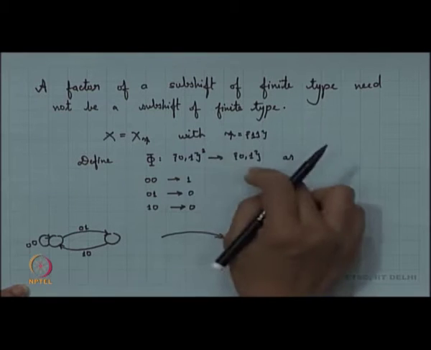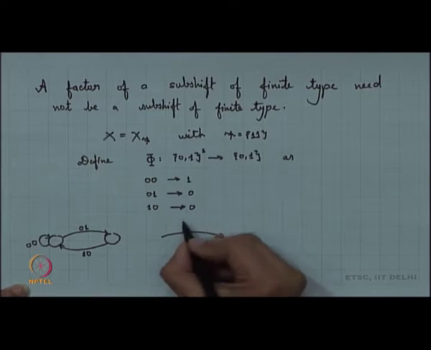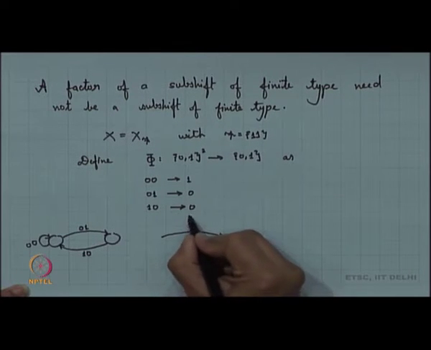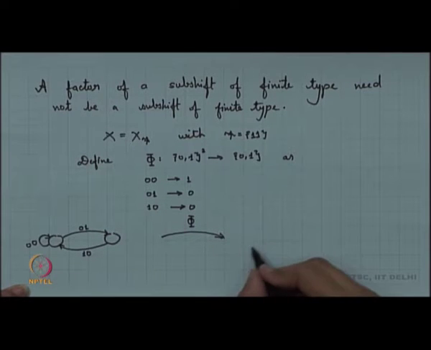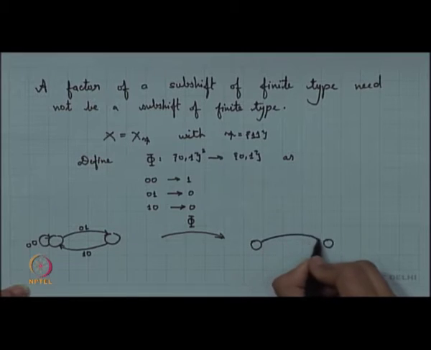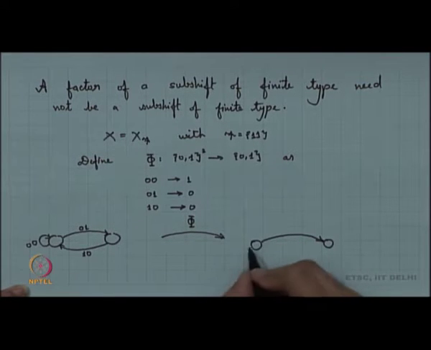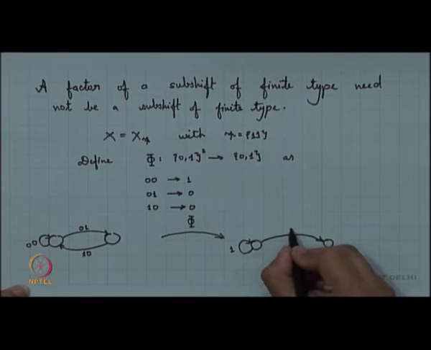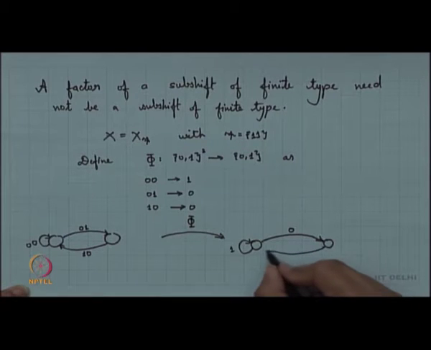Now this phi, this 2-block map, also gives us a graph homomorphism from this particular graph to this graph, where we are preserving the vertices and all we are doing is taking the images of the edges. So, this gives us 1, this gives us 0 and this gives us again back 1.